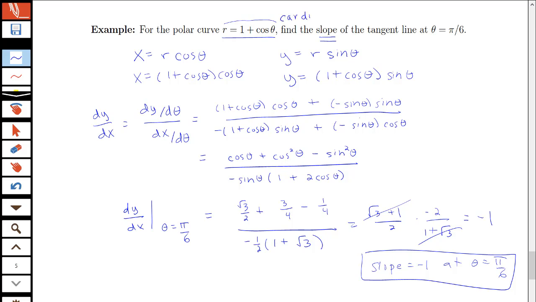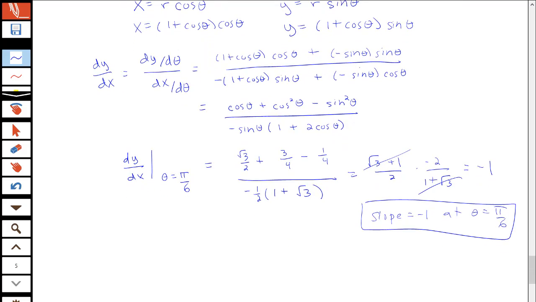We could also see that if we plotted a few points and used symmetry like we did in one of our earlier examples. This is a cardioid, and it's traced out on the interval from 0 to 2 pi. So we could get a quick sketch here. r equals 1 plus cosine theta.